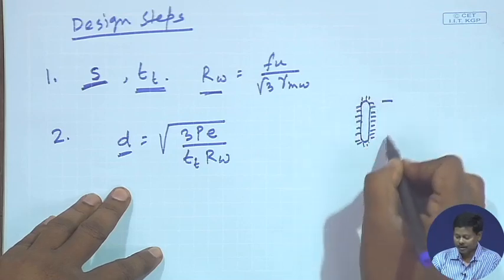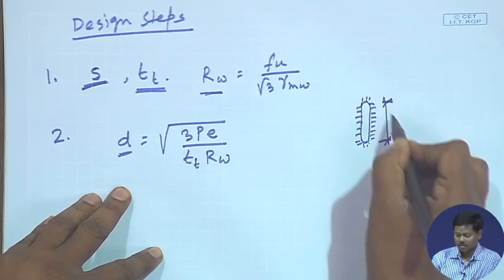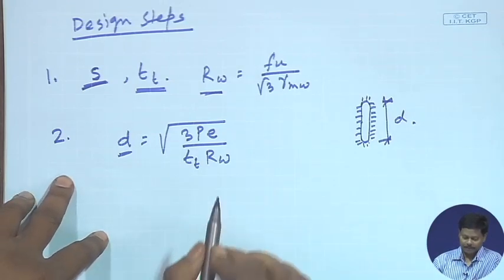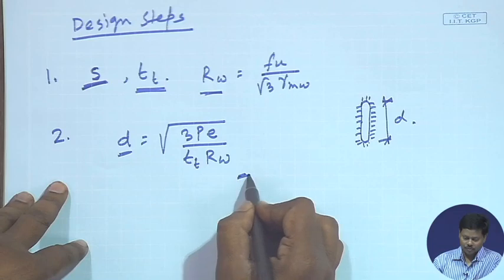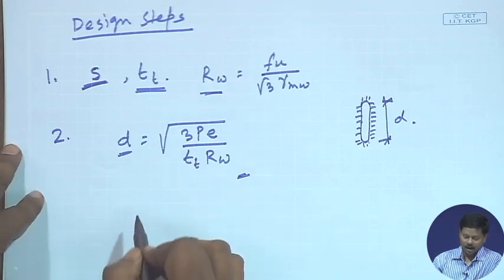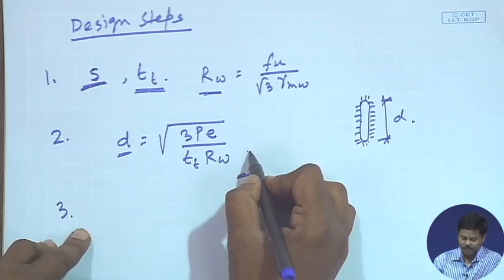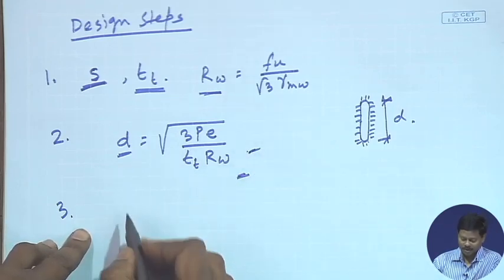So, the depth of the weld we can approximately calculate, and this depth has been calculated from the moment point of view, due to bending moment.